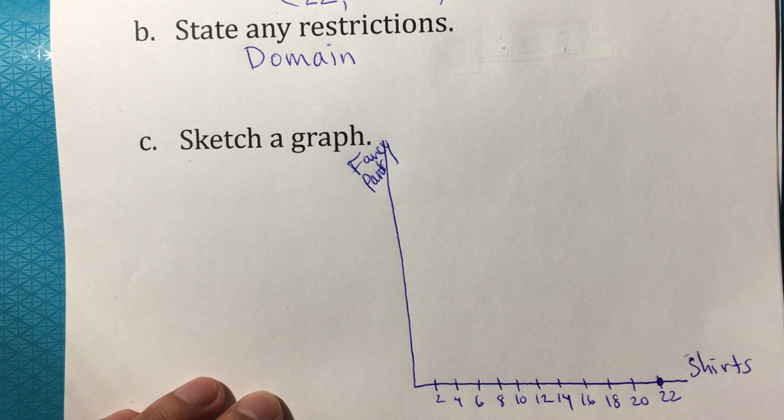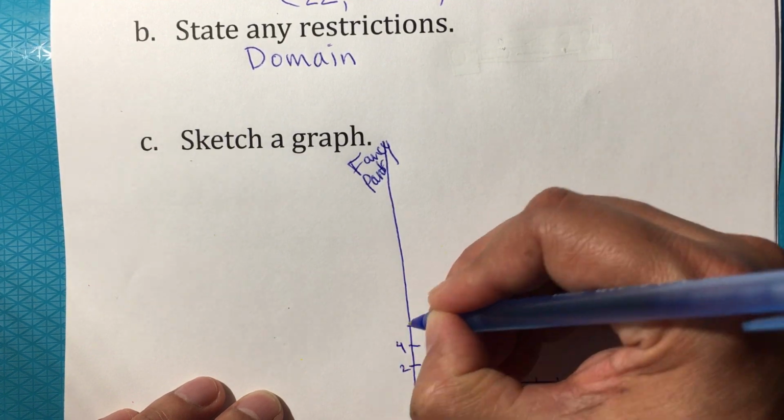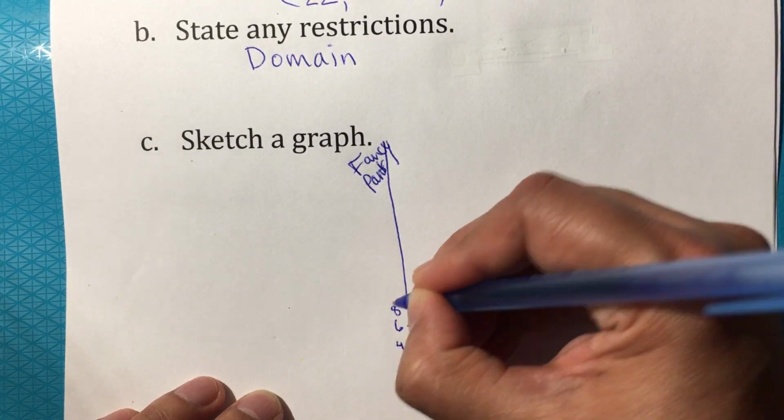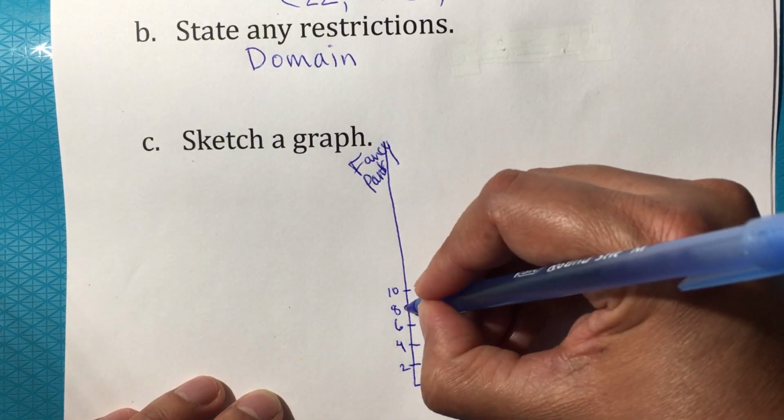And then for the other one, we need up to 8. So 2, 4, 6, 8, up to that only.